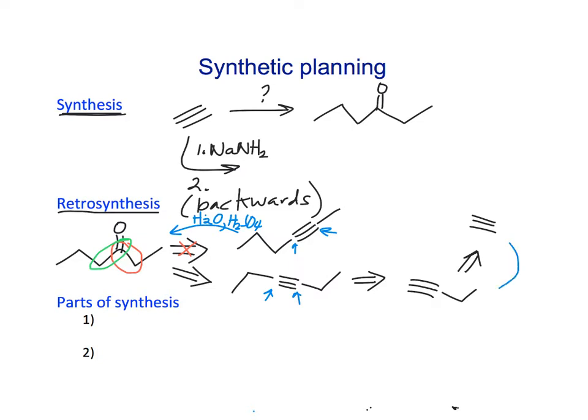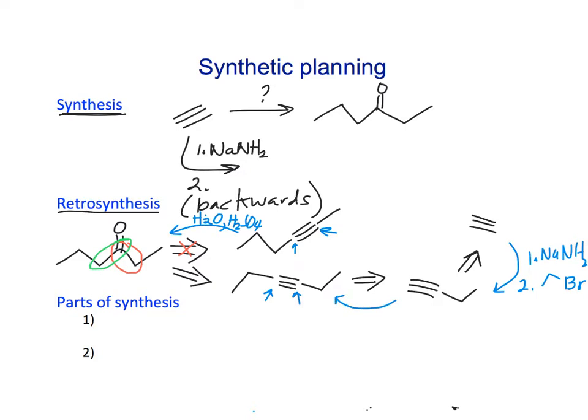We could then fill in with the forward reaction. So we'd start out with sodium amide. This is our very strong base. It deprotonates the alkyne. And then we want to add an ethyl group, so we could maybe start with bromoethane. That would give us that product.